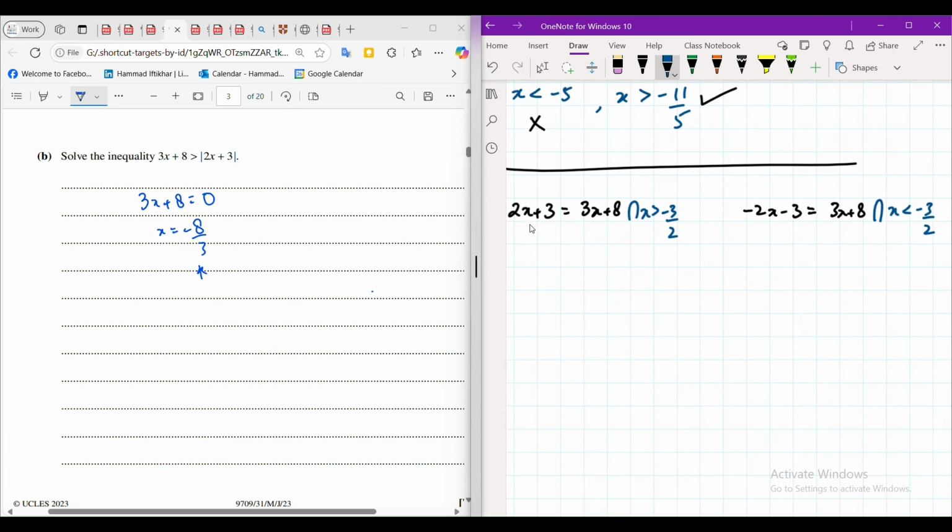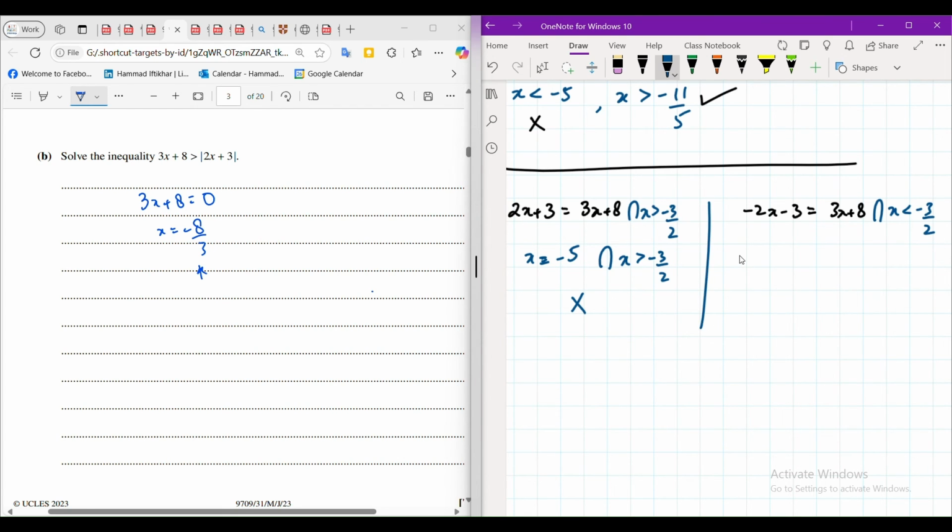So when we solve the equation, we will have 3 minus 2x and 3 minus 8 minus 5, with the intersection needing to be greater than negative 3 over 2. So there is no x equal to negative 5 with x greater than negative 3 over 2. That does not exist. There's no intersection in that. So that's why we discard that.